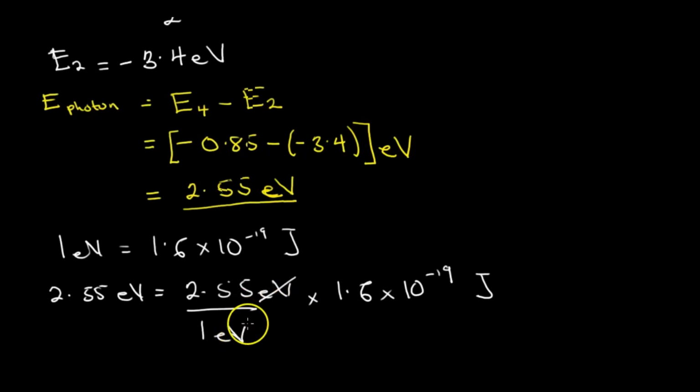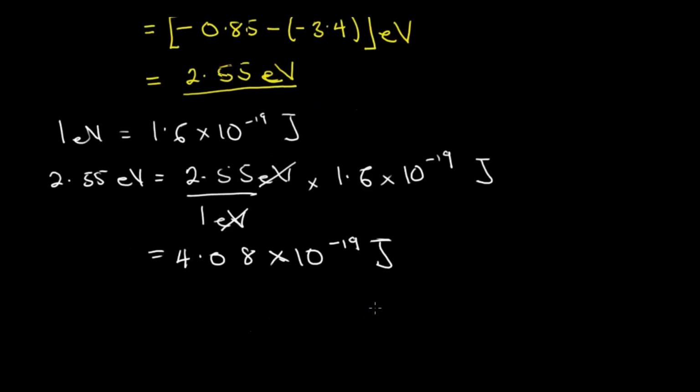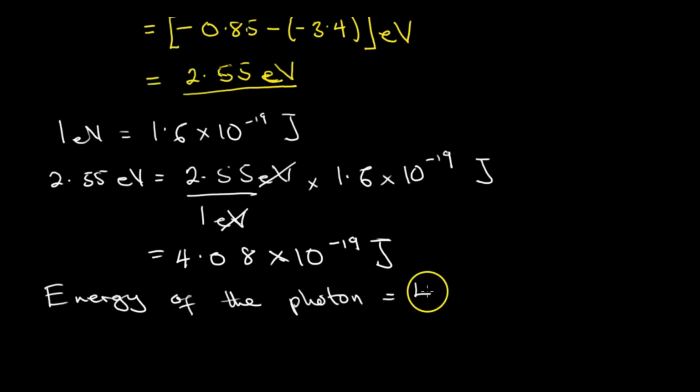Electron volt will take care of electron volt. Then we have 2.55 times 1.6 times 10 power negative 19, and that gives us 4.08 times 10 power negative 19 joules. Therefore, the energy of the photon is equal to 4.08 times 10 power negative 19 joules.